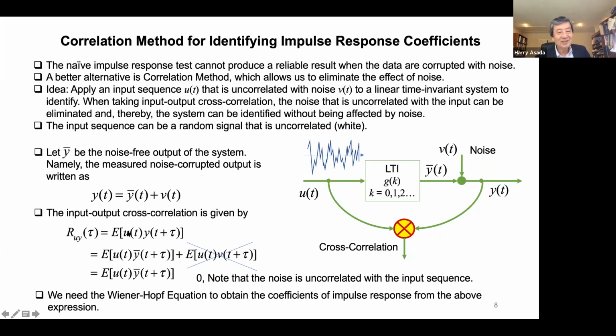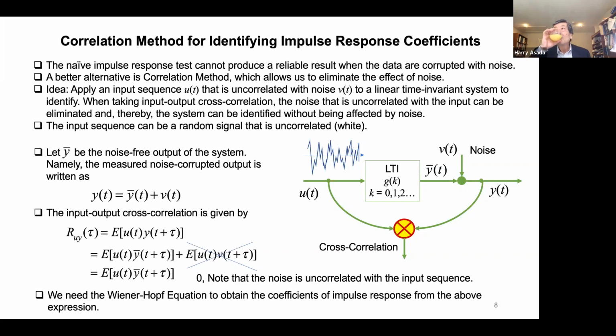Remember that this is the product of UT and YT plus tau, and then take the expectation, right? So let's substitute this into this and break it into two terms. In the second term, UT and VT plus tau, we have designed UT to be uncorrelated with this, so we can cancel it out. So we get this term, okay? So this is the basic trick.